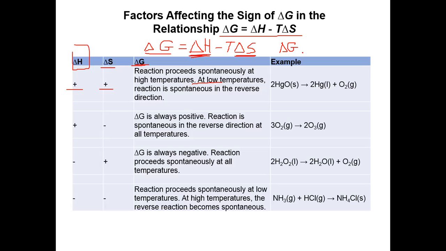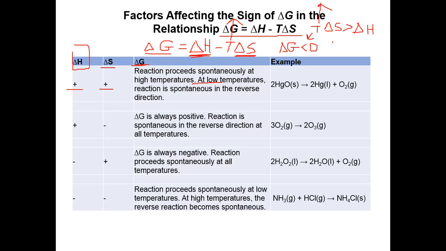So delta G can be less than 0 only when T is very high. In other words, T delta S is more than delta H. If that is the case, then delta G is going to be less than 0. So when can it happen? When T is high.